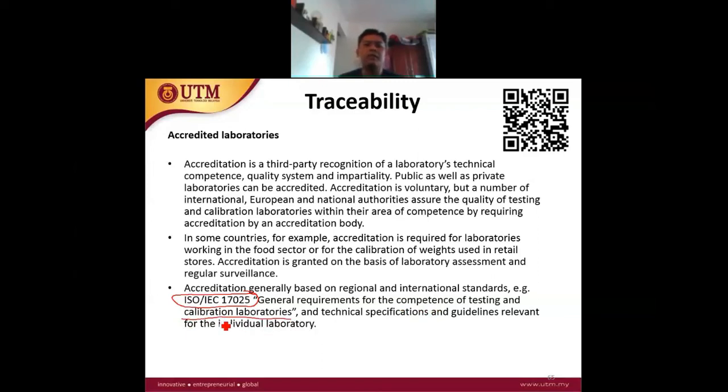For example, in UTM at the School of Electrical Engineering, there is a lab called the Institute of High Voltage and High Current, or IVAT.